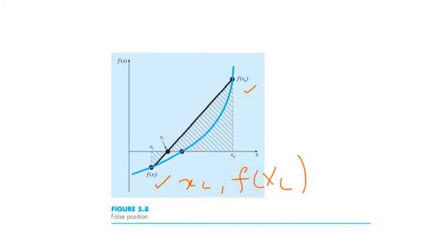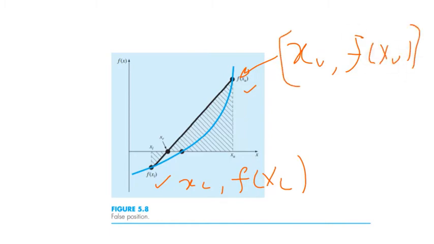Same for x upper: this is the point x upper, and we can find the value of the function at x upper. So these are x1, y1 and x2, y2. If these two coordinates are known, you can get the equation for a straight line.